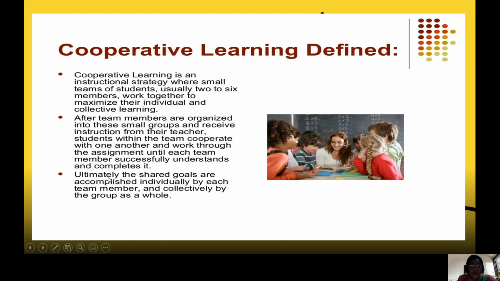Ultimately, shared goals are accomplished individually by each team member and collectively by the group as a whole.